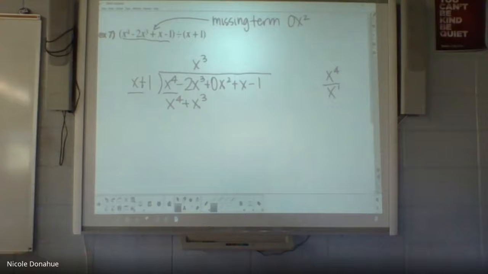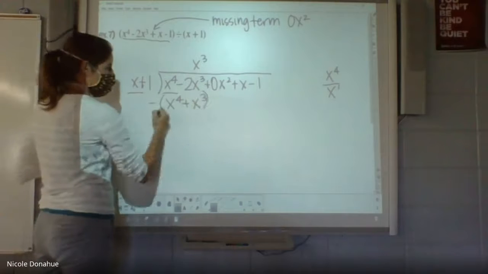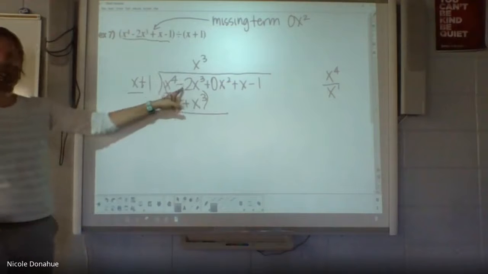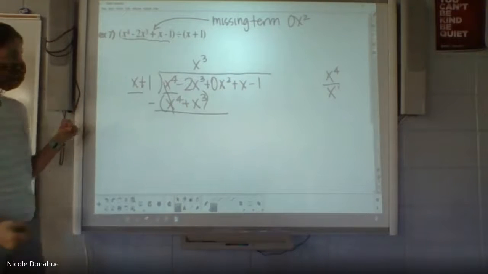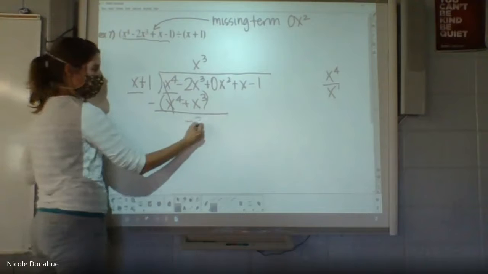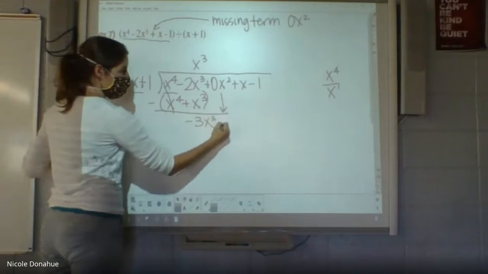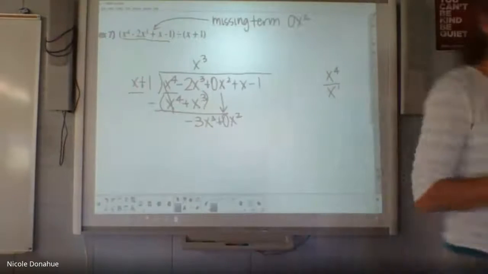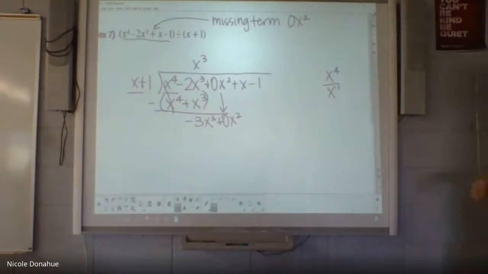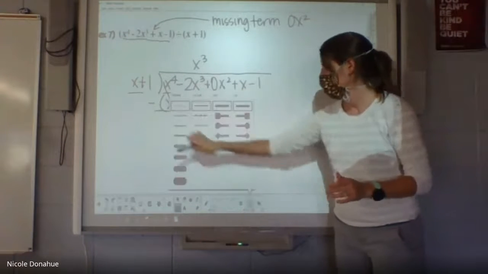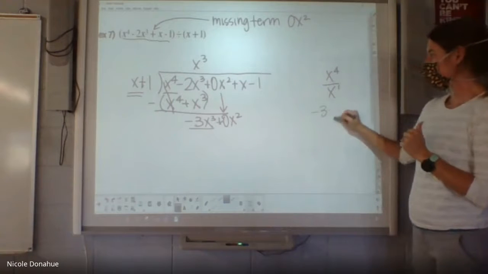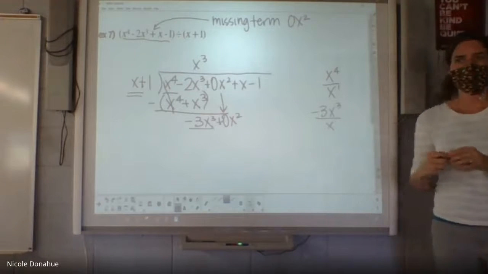Okay, so I multiplied that back, there's subtract. And again, you're gonna be glad we had that placeholder there. So -2 minus 1, -3. Okay, divide again. -3x to the 3rd, divide by x.